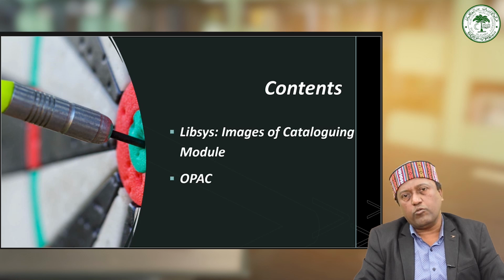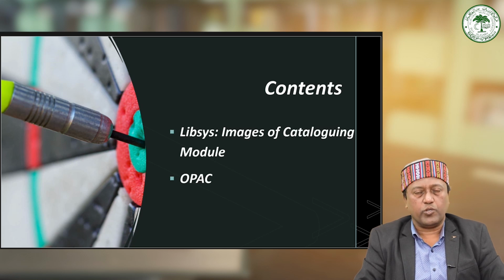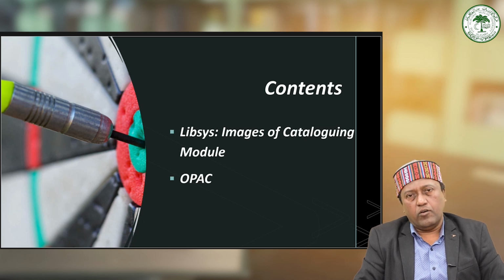The moment you file those cards in the public catalog, it becomes apparently visible to all the users. Because the moment the information goes out that these are the new editions or new books which a library has procured, automatically the user will come to the catalog cabinet or the public catalog and start searching. So that is the traditional way of doing it.